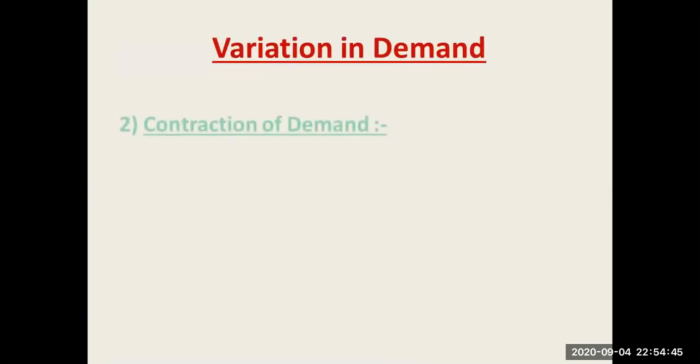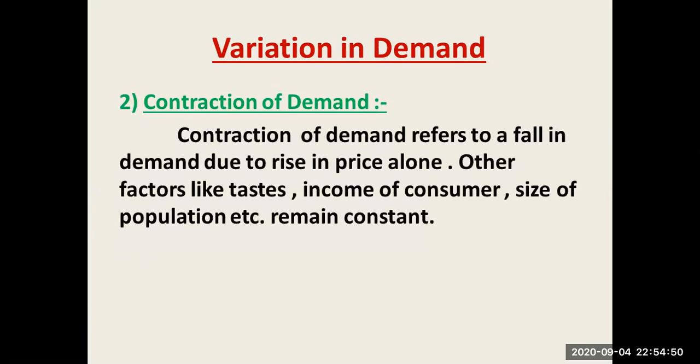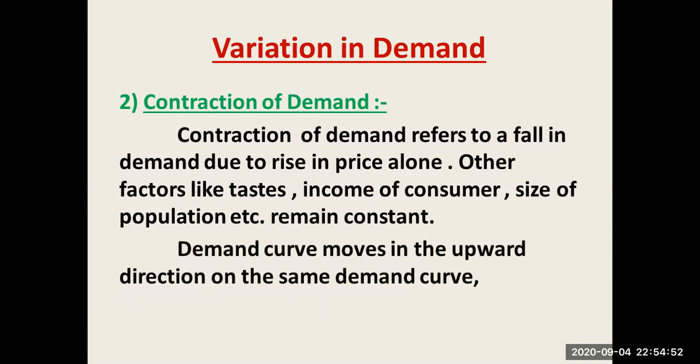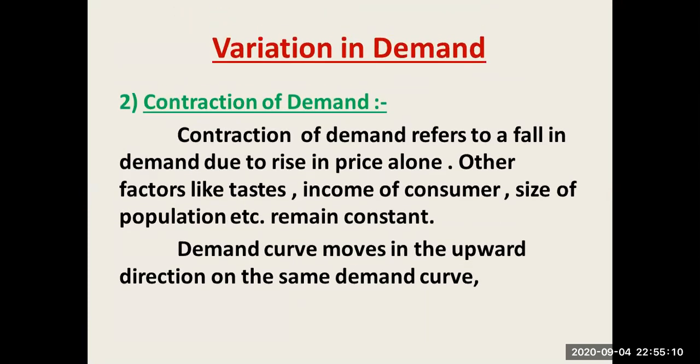Next is the second type of variation in demand, the contraction of demand. Contraction of demand refers to a fall in demand due to a rise in price. It means it's an inverse relationship. This part explains it: if price falls, demand will rise, that is the expansion of demand, other factors remaining constant. But the contraction of demand refers to a fall in demand due to a rise in price.